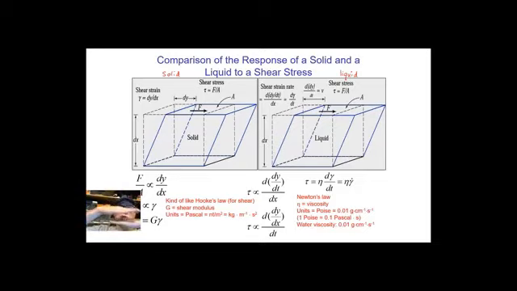That's a shearing motion. Let's talk about the forces that are required to do that. Let's suppose we do that with a solid like an eraser. I do have an eraser. My goodness, it's kind of fortunate.